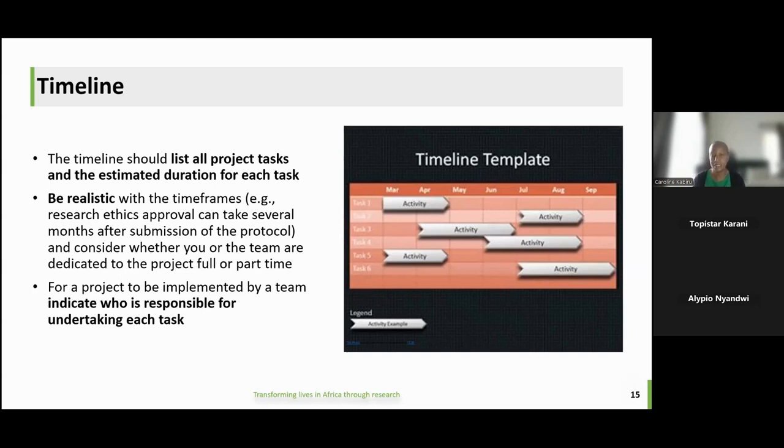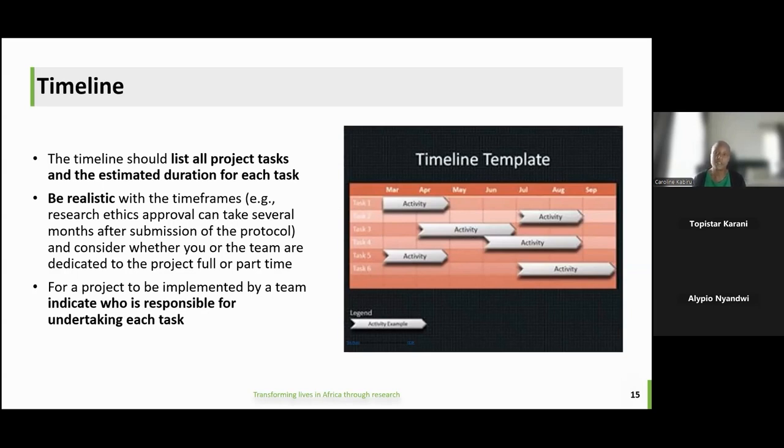So these are some of the things you want to take into account. Be as realistic as possible with the timeframes, and consider whether you're working on this full-time or part-time, because certain tasks might take longer if, say, you're only able to dedicate 20 hours a week versus if you're on a project 40 hours a week. And then for a project that's going to be implemented by a team, for each task, it is helpful to indicate who is responsible for each task.